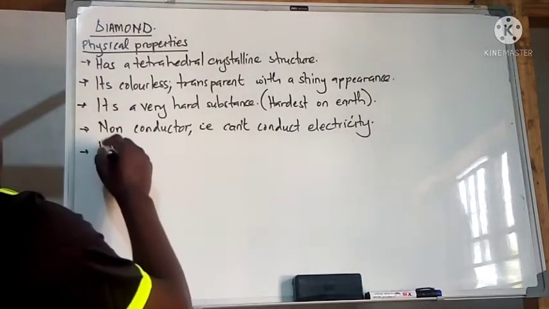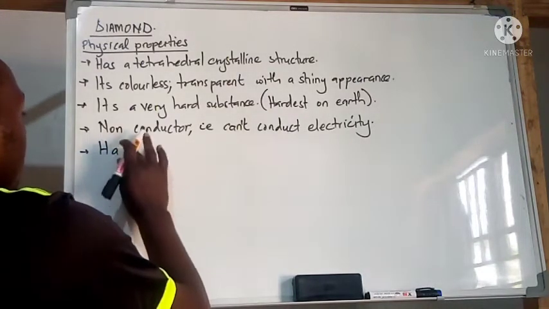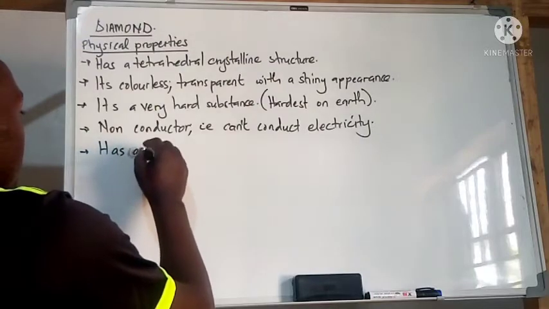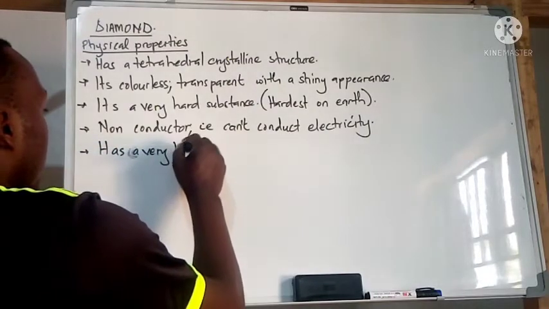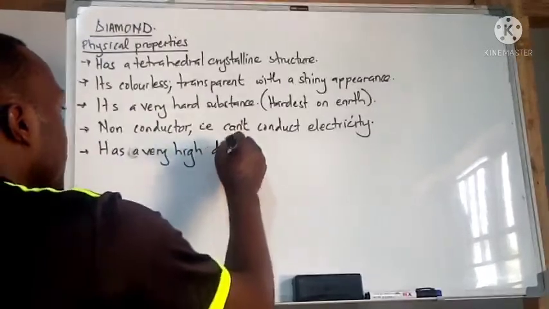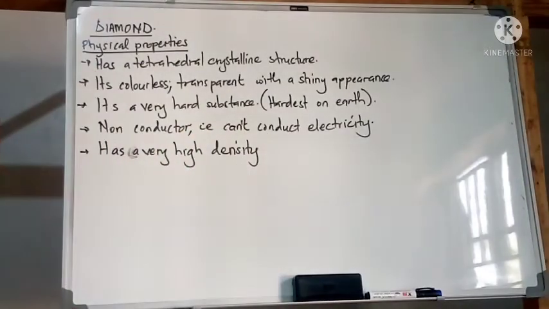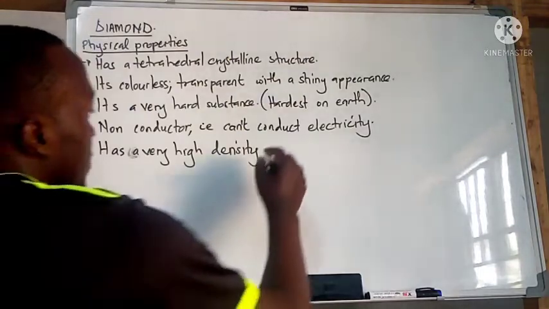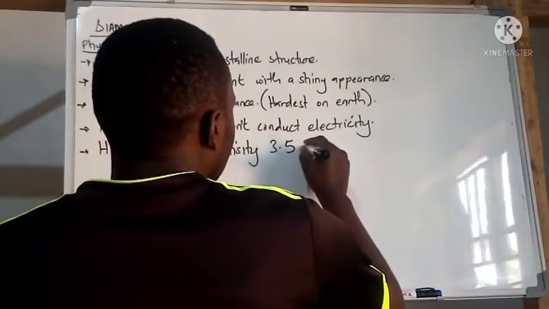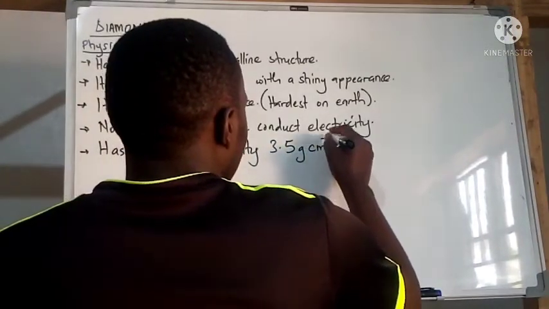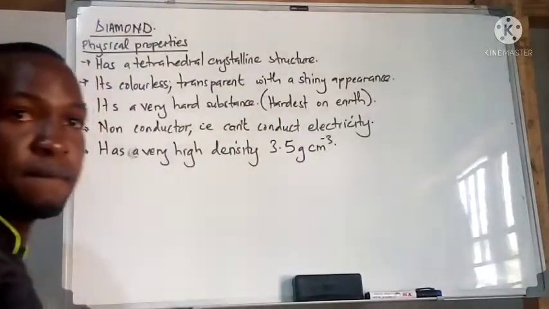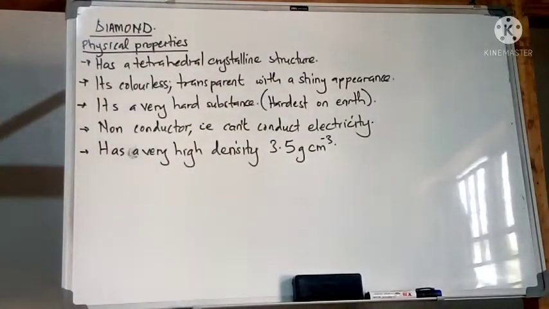It has a very high density, approximately 3.5 grams per cubic centimeter. That is the projected density of diamond.